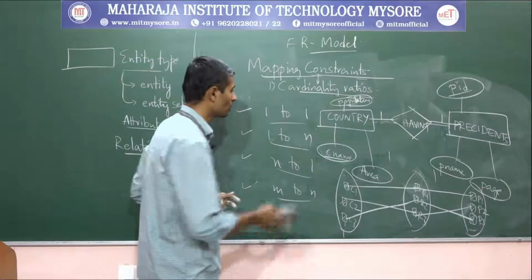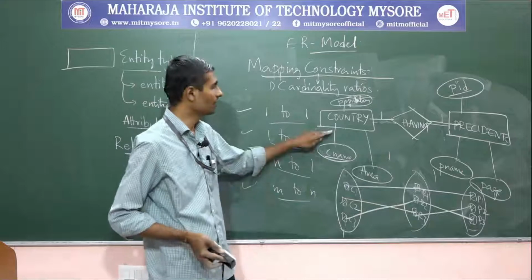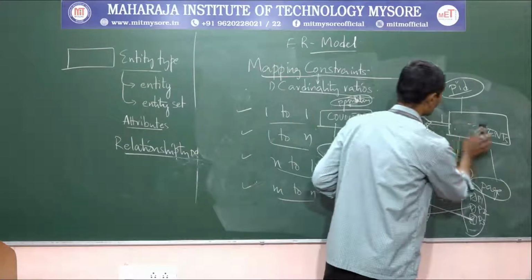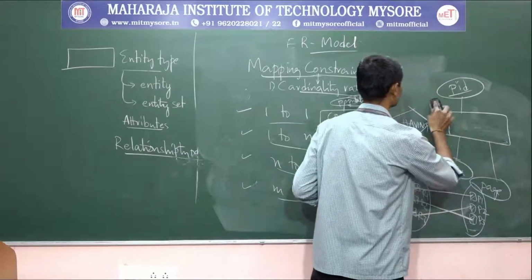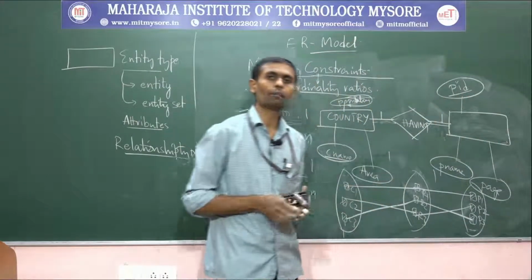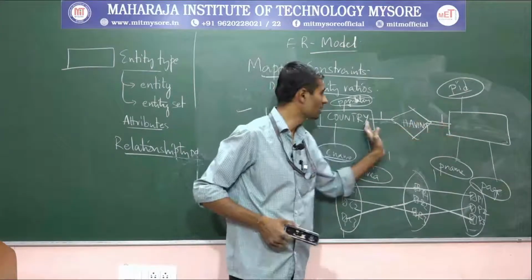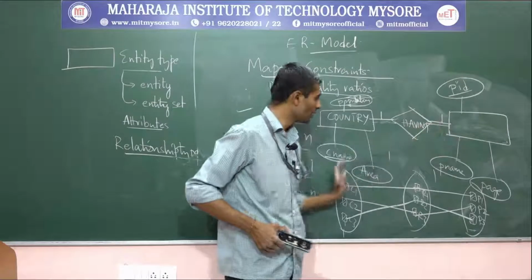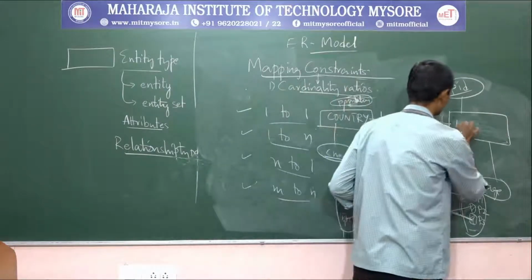In the same fashion, we'll try to give some example for one-to-many. A country can have many parliament members, right? So that we can say many parliamentarians. Country having parliamentarians. One country can have many parliamentarians. That I can have, let's assume.